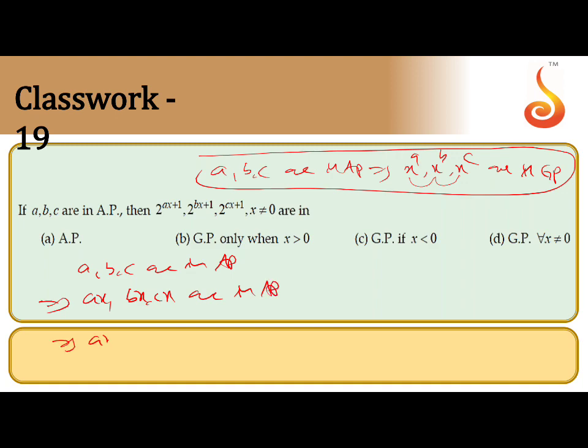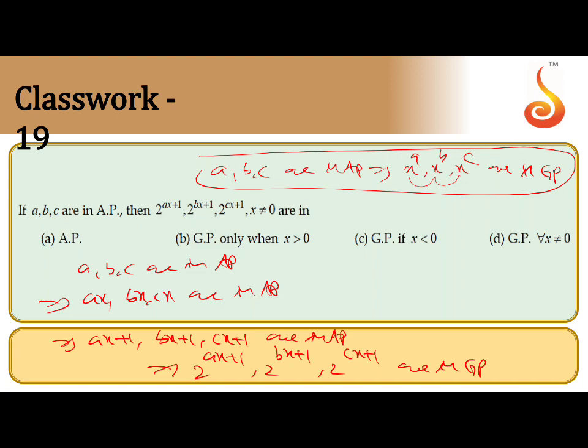If you add any number, AX plus 1, BX plus 1, CX plus 1 are in AP. Now these are in AP, so anything power these numbers forms a GP. So 2 power AX plus 1, 2 power BX plus 1, 2 power CX plus 1 are in GP.